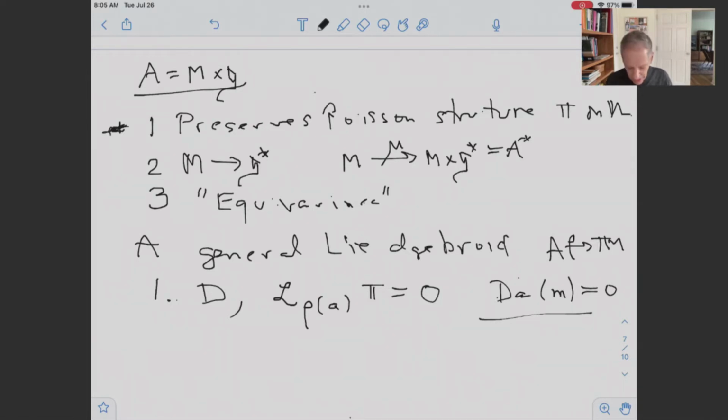So that turns out to be a good generalization of what it means to be a symplectic or a Poisson action to Lie algebroids.